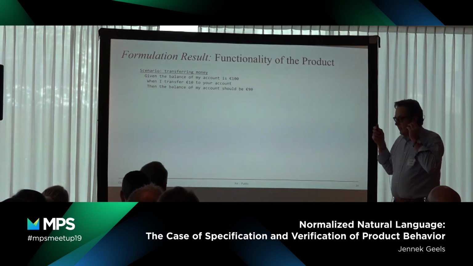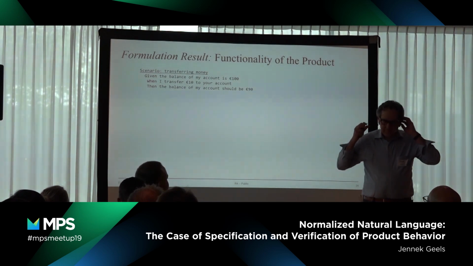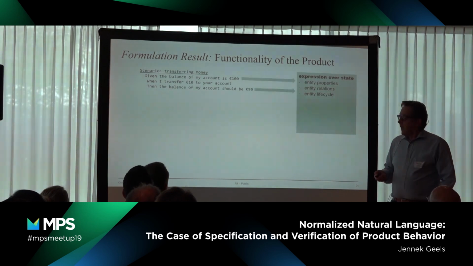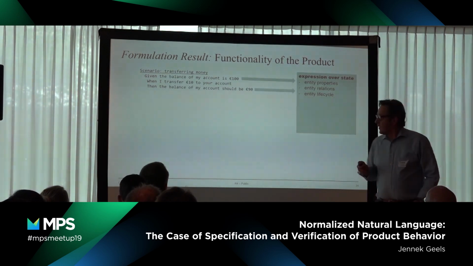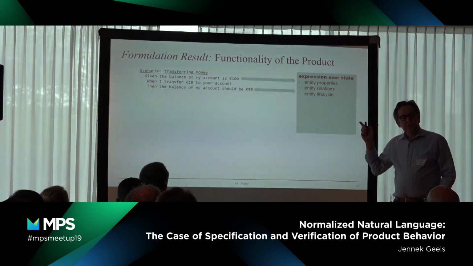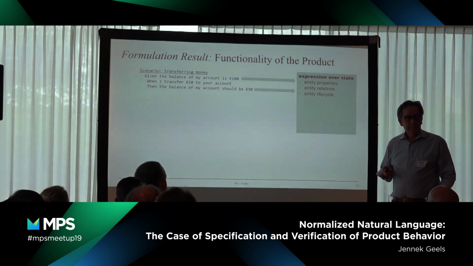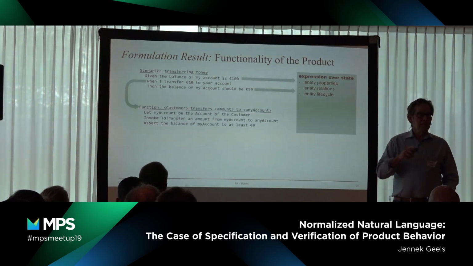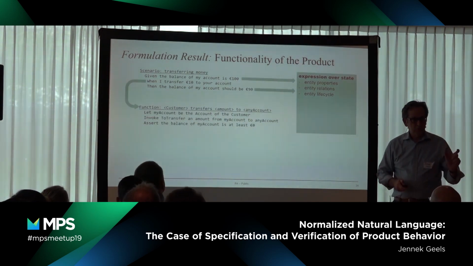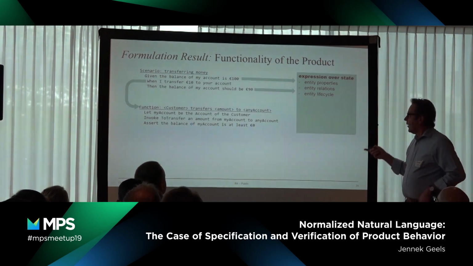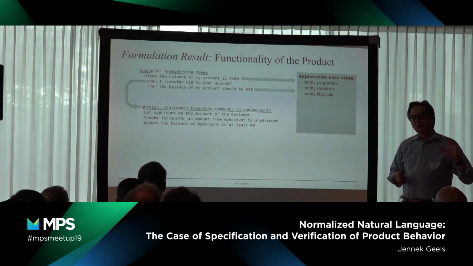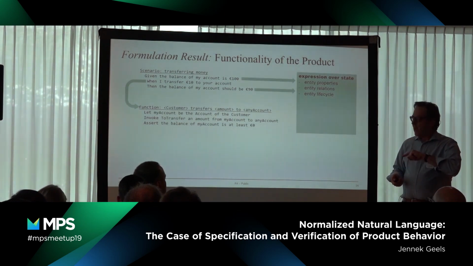So this is the formulation result, making it more precise. The original scenario had two expressions over state, and it had what we call a function, a trivial piece of behavior, which we expanded into something with, well, the core of that is an action, one or more, but there are rules that you capture at this point.